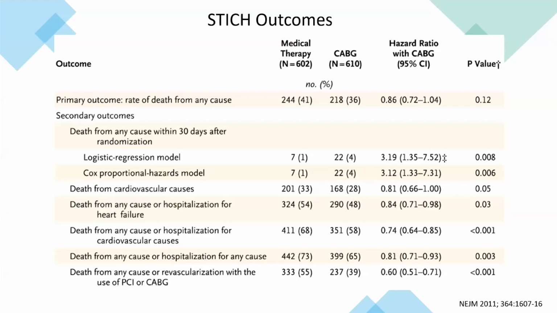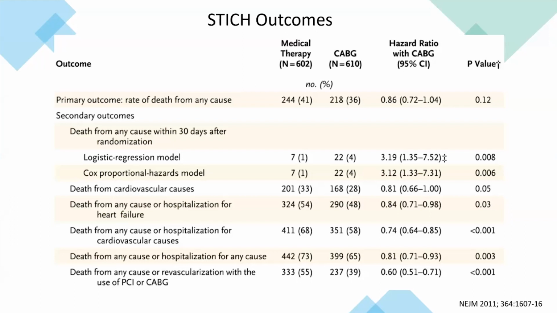When you go to the secondary outcomes, you will see that the patients who had CABG had more problems early on, in this 30-day period, and this is understandable since they underwent a surgery.